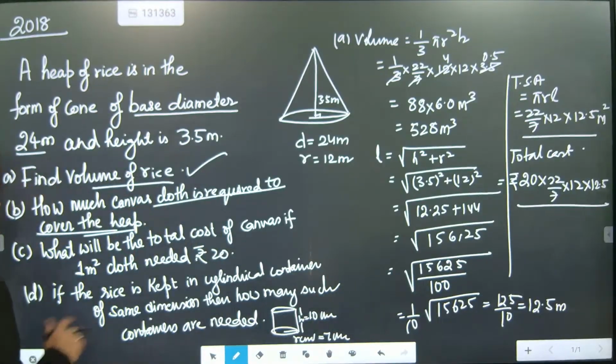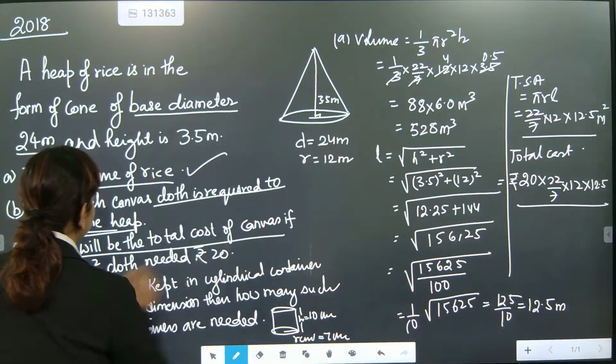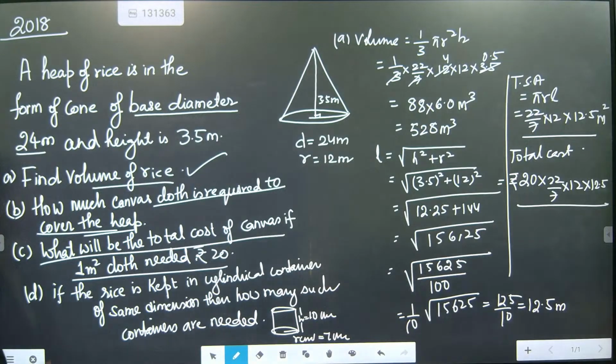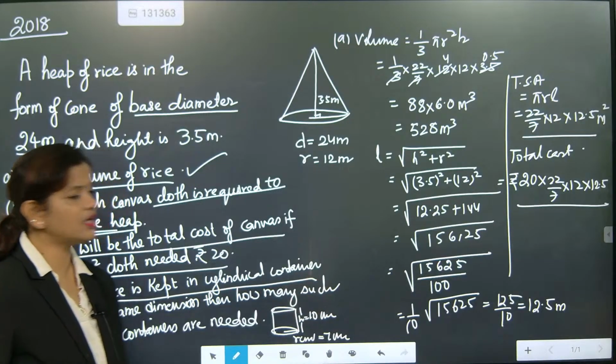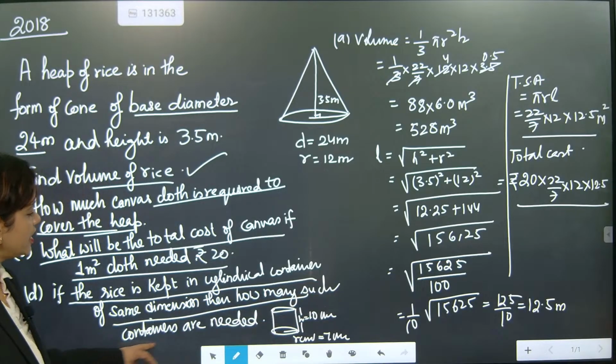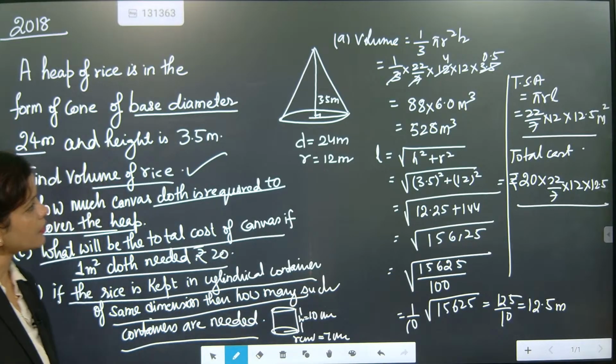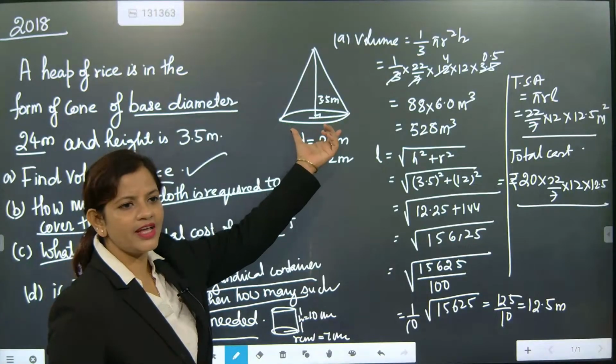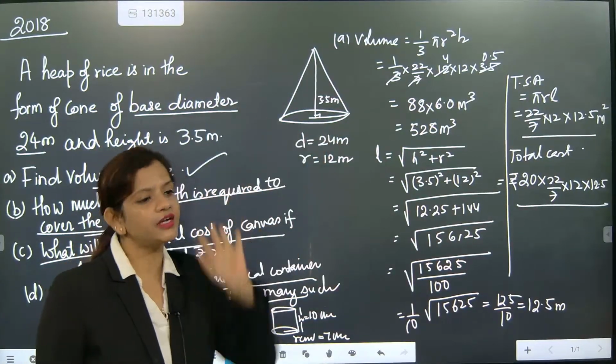Understood or not? So the decimal problem you solve, that much part is exactly needed. That part you come and just finish. But here the last part of the question is saying: if the rice is kept in cylindrical containers, then how many such containers are needed? That means volume of rice by volume of one container.